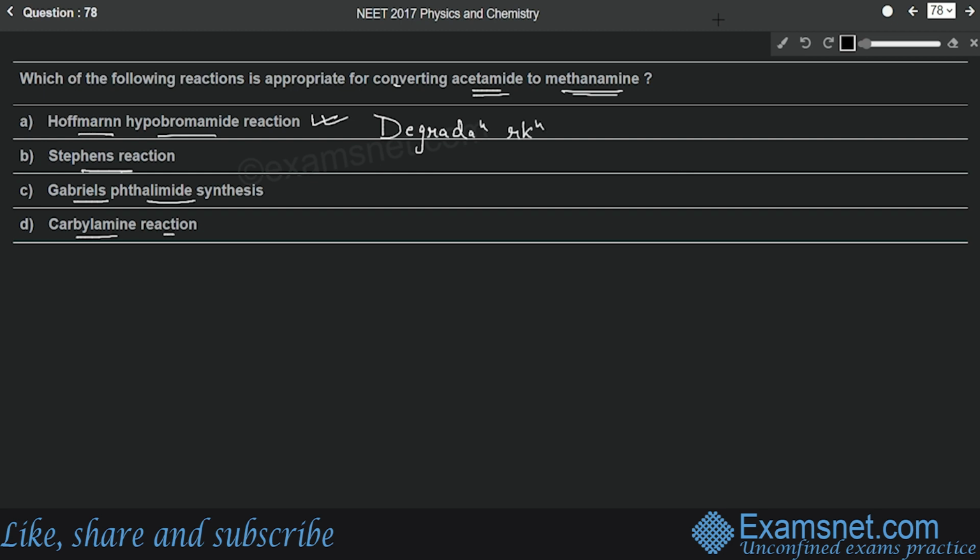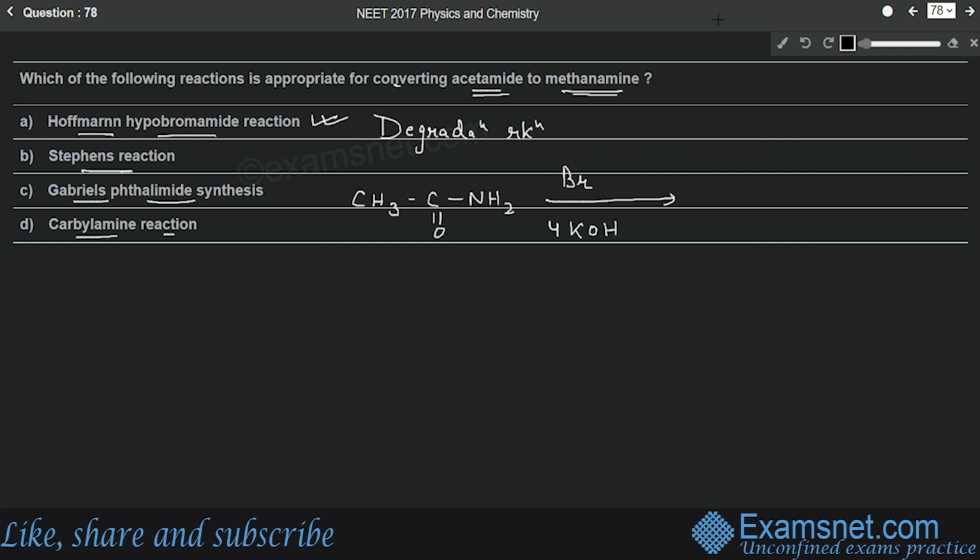Let's see the reaction. We have an acetamide, so CH3 C double bond O NH2. This is acetamide. Now it is reacted with bromine and 4KOH, potassium hydroxide or sodium hydroxide.